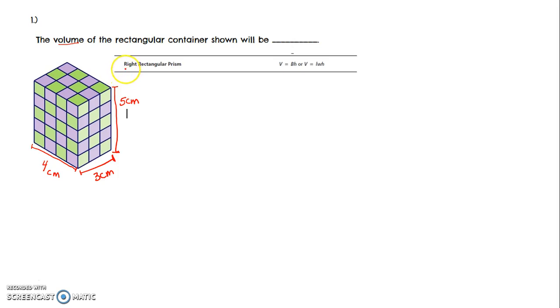On the state test, this is the formula you're given for the volume of a right rectangular prism. You can either use volume equals B times H. The big B stands for area of the base, and then the H stands for the height. The other formula they give you on the state test is volume equals length times width times height for a rectangular prism.